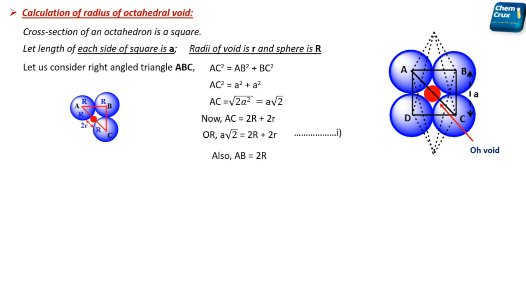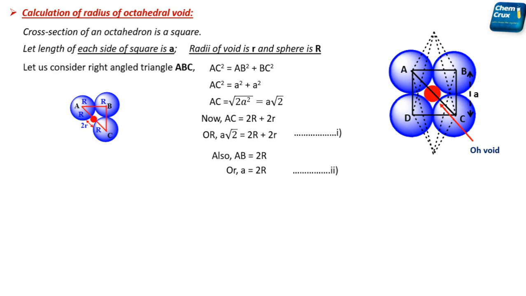Also, AB is equal to 2R because at points A and B, two spheres whose radius is R are present. Now AB is also the side of the square whose value is equal to a, right? So we can write a is equal to 2R. So this is equation 2.